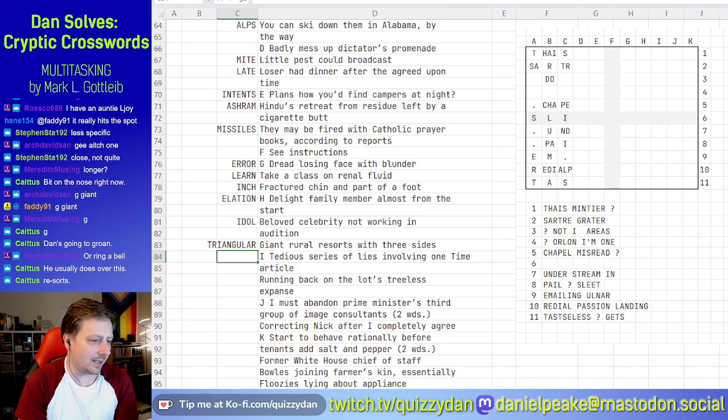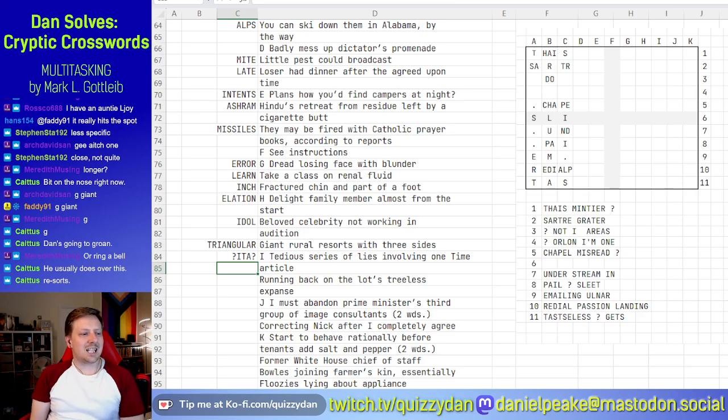Tedious series of lies involving one-time article. 1 is I, T is time, article is probably A or an, so we've got ITA, possibly ITAN, in the middle of a series of lies. It's going to be tedious. Boring. Meh.